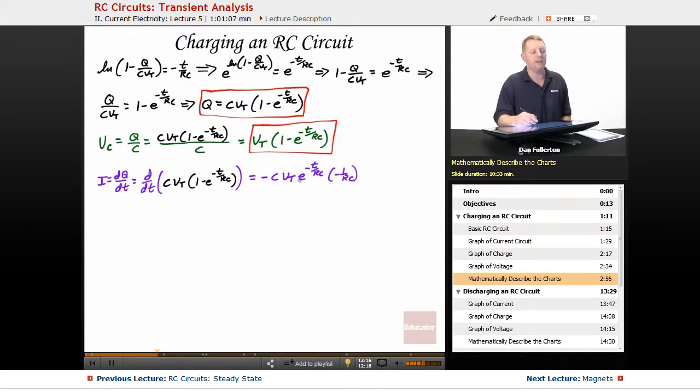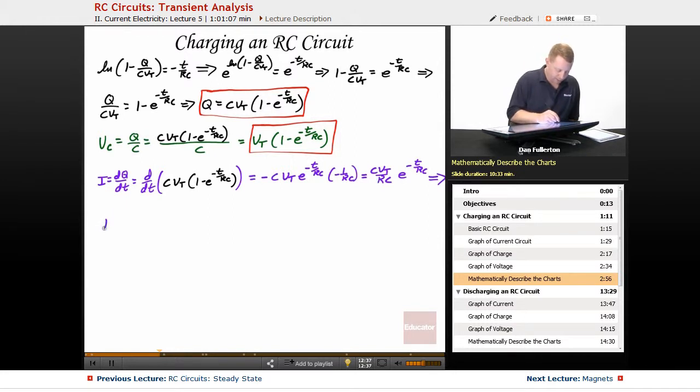So the derivative is minus 1 over RC, excuse me. So that's going to be CVT over RC times e to the minus t over RC, which implies then that our C's are going to make a ratio of 1, that our current then equals VT over R e to the minus t over RC.